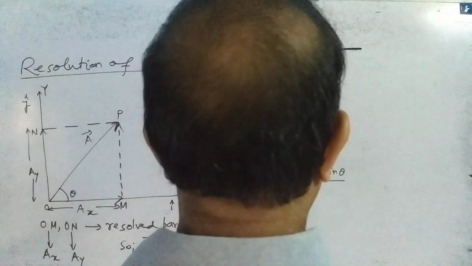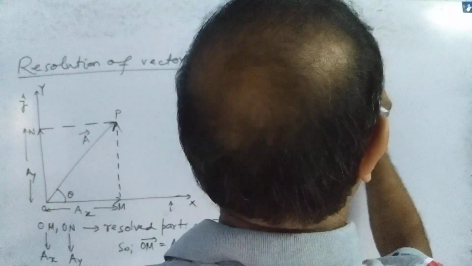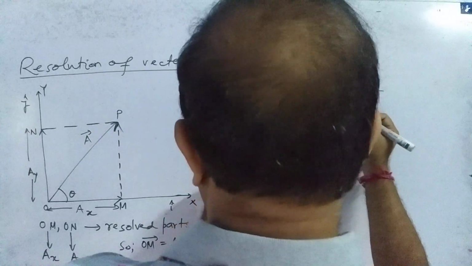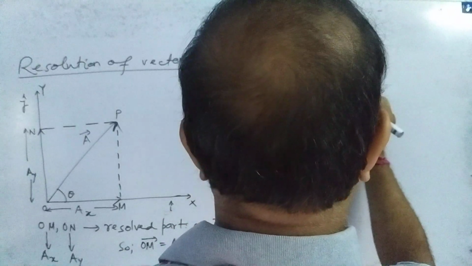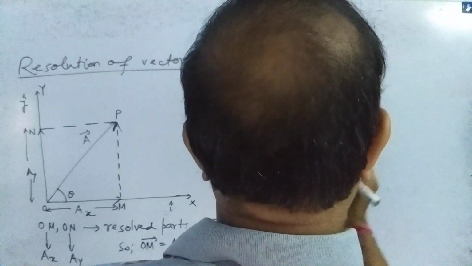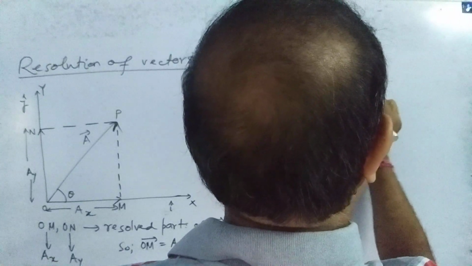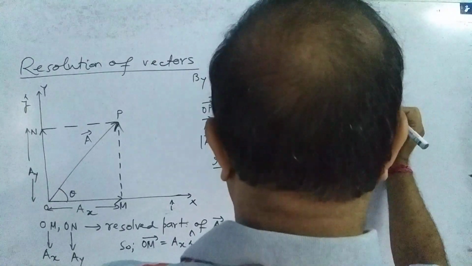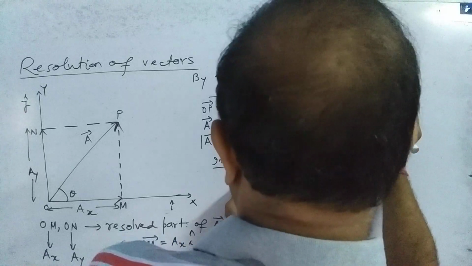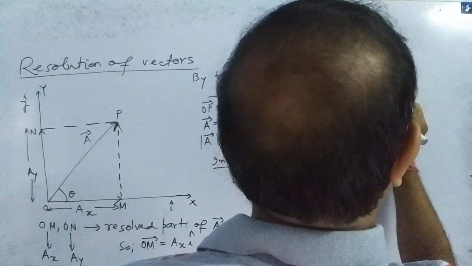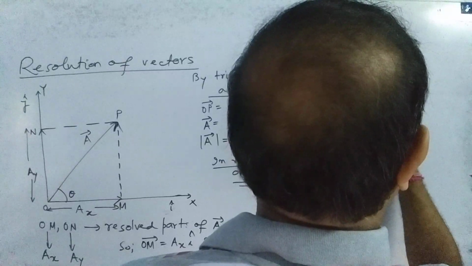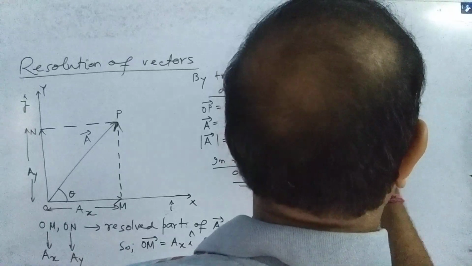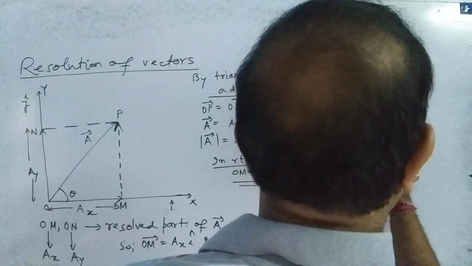On dividing, A sin theta by A cos theta is equal to MP by OM. A and A cancel, so tan theta is equal to AY by AX.